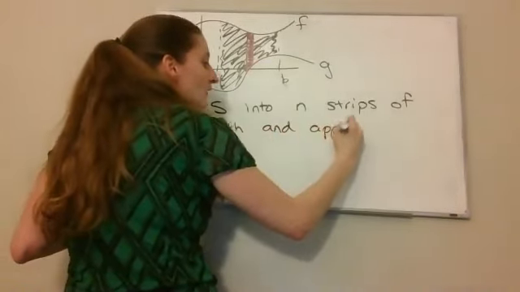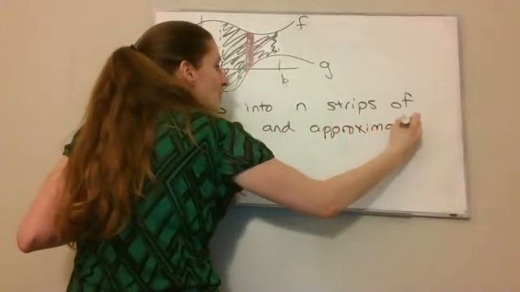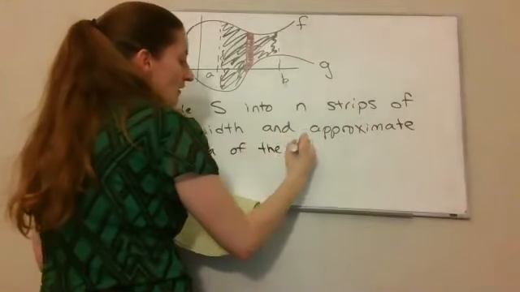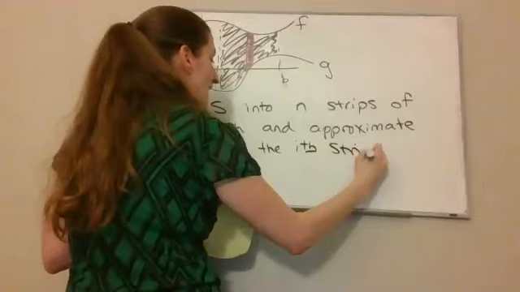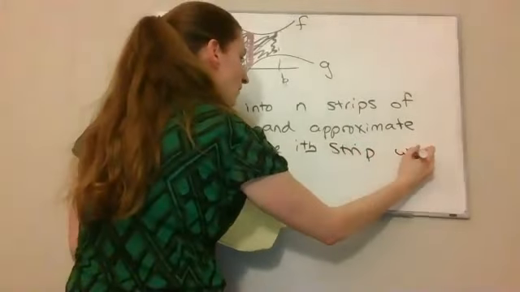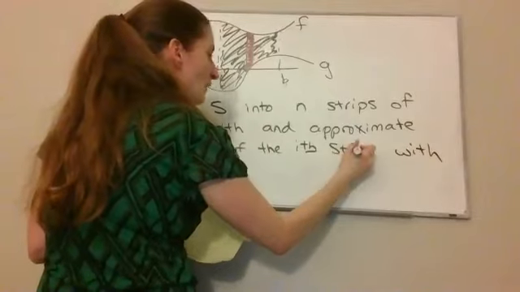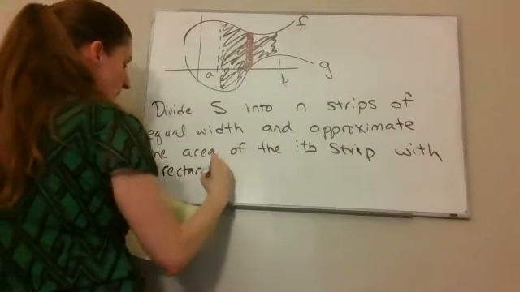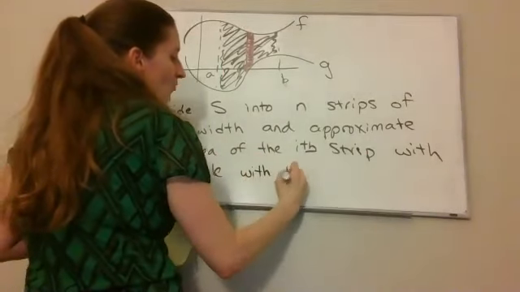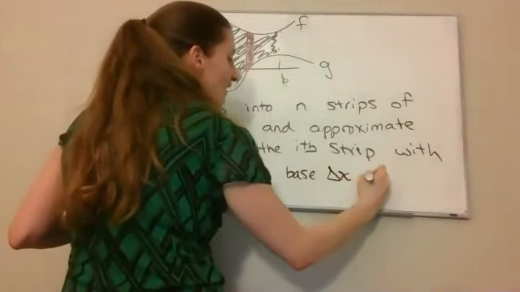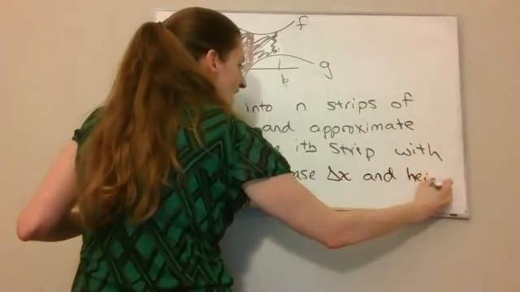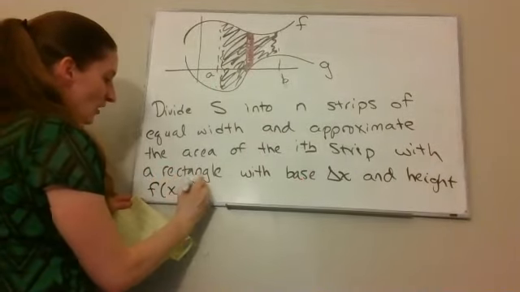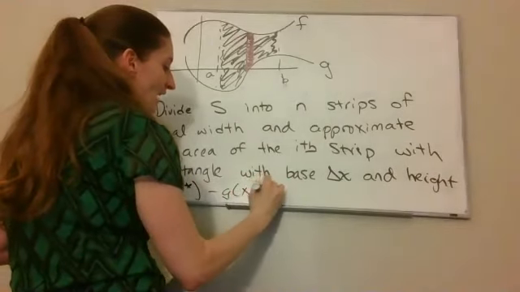And we're going to approximate that area of the ith strip, so of any of the strips, with a rectangle with base delta x and height given by f of xi star minus g of xi star.